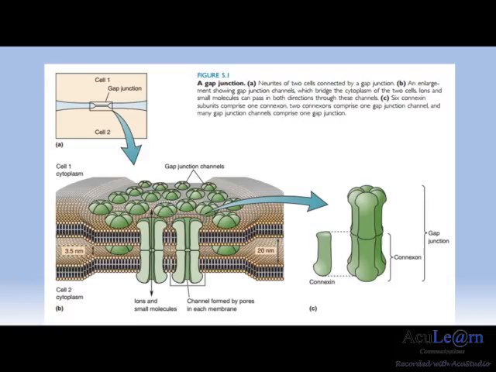The gap between the two cells is vastly populated by small proteins known as connexins. Six of these connexin subunits can combine to form a channel known as a connexon. When two connexons meet and combine, a gap junction channel is formed.